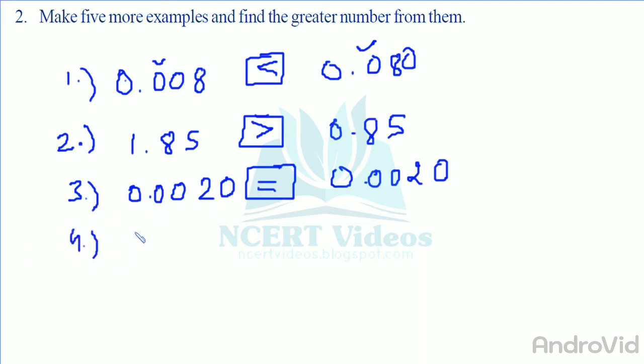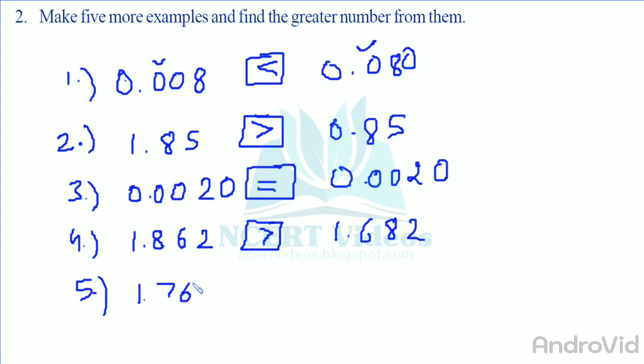You can choose any such digits. 1.862. Let's compare it with 1.682. So here the tenths part is greater as compared to 6, therefore greater than sign.